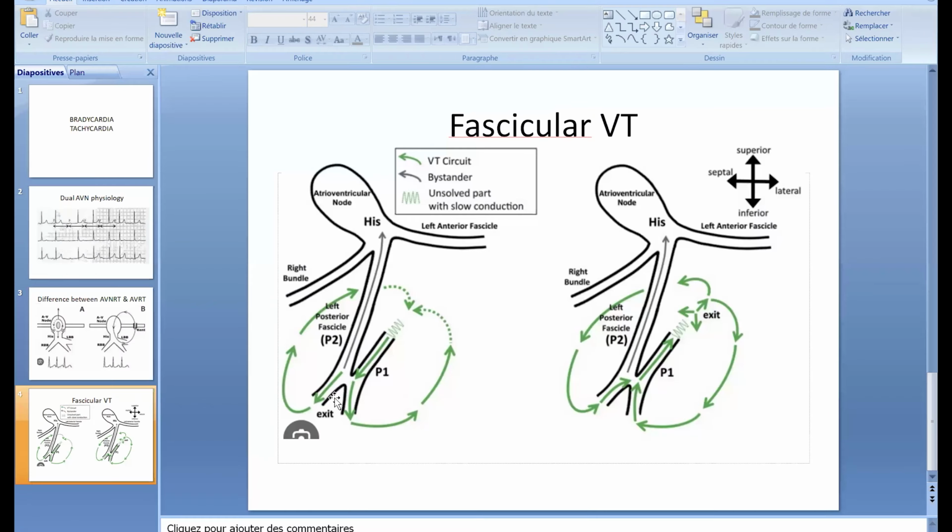And here we have a schema that illustrates the mechanism of fascicular VT. It uses the fascicular structure. That's why the beginning of the QRS is very fast, and that explains why the QRS is narrow in this VT. It's a reentrant circuit involving the left ventricular fascicles. This VT is very sensitive to verapamil.